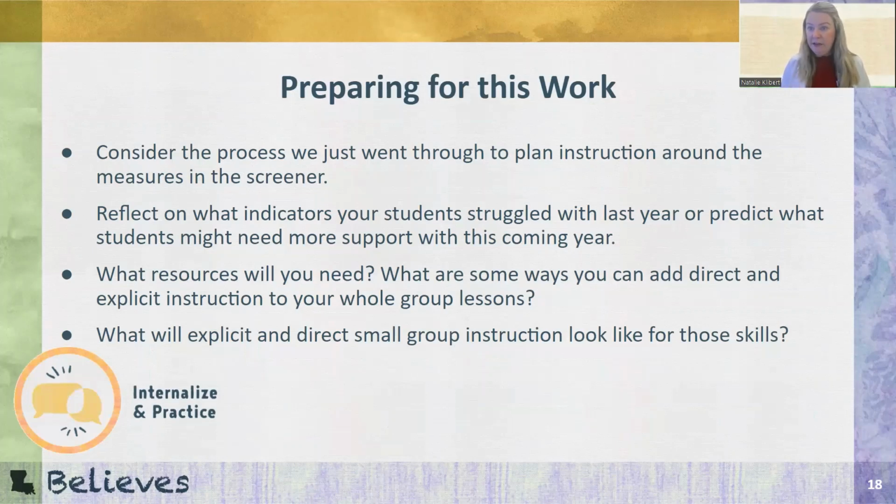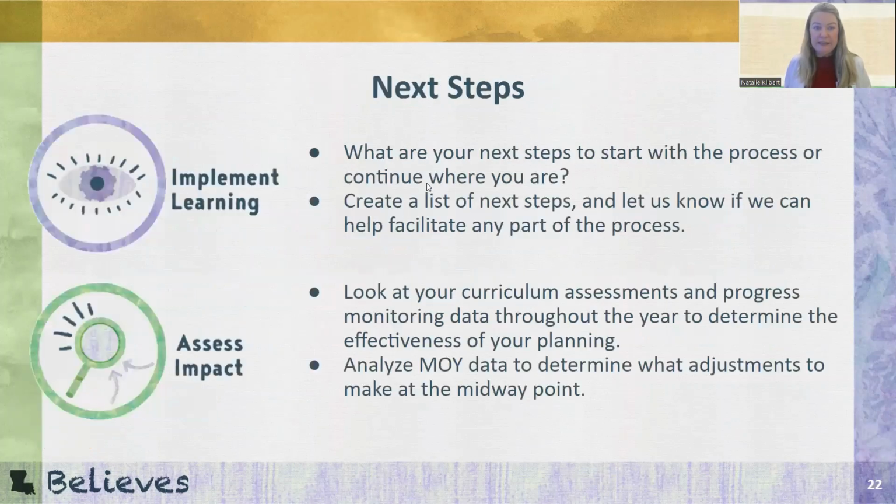As you're looking at the beginning of year screener data, what are some areas that more students were below proficiency level? How can you focus on those in your lessons? What resources will you need? What are some ways you can add direct and explicit instruction to your whole group lessons, even if the curriculum doesn't call those out? What will explicit and direct small group instruction look like for those skills as well? So kind of reflect on those things.